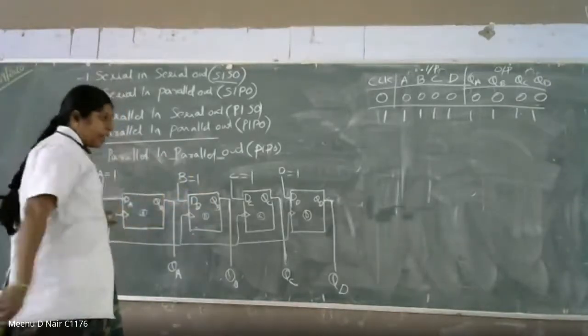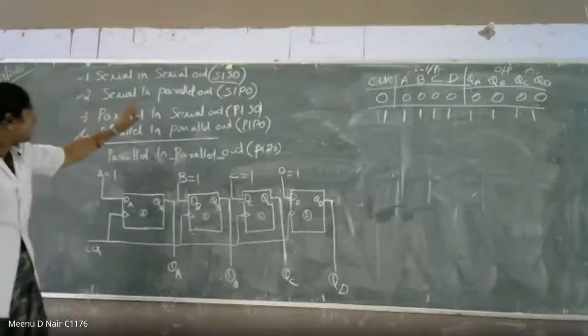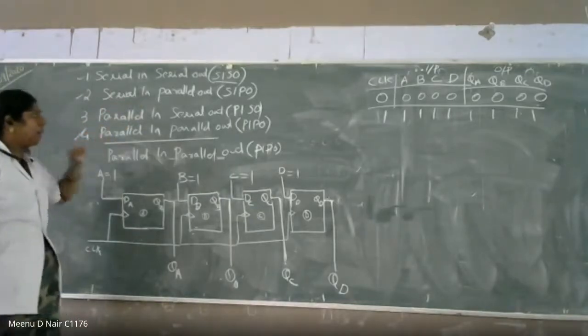So I hope all these three categories are clear: serial in, serial out; serial in, parallel out; and parallel in, parallel out.